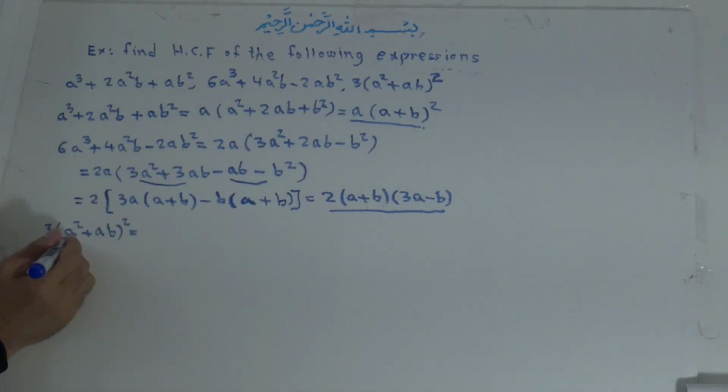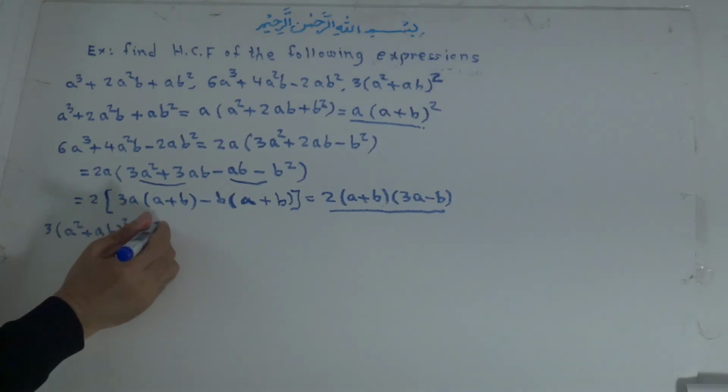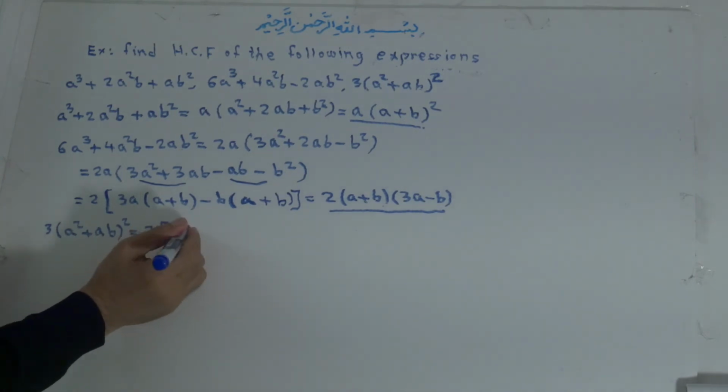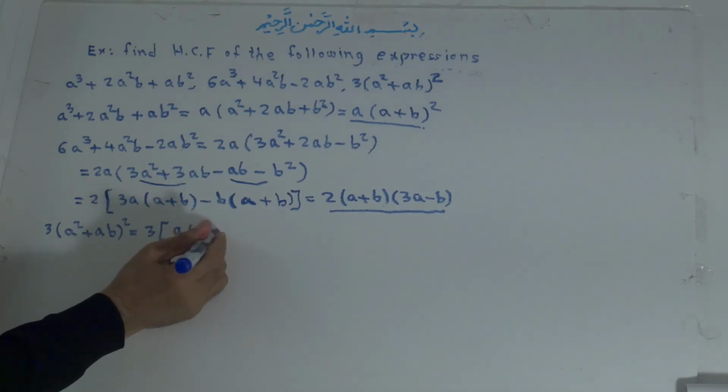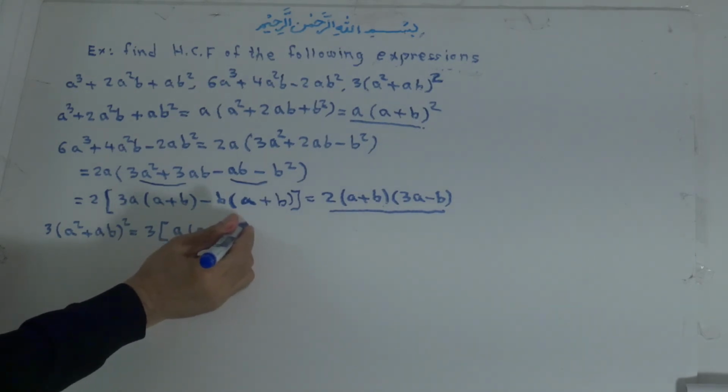So we can do it like this, 3a times a plus b, all to the power of 2.